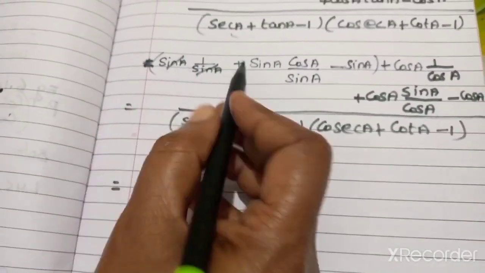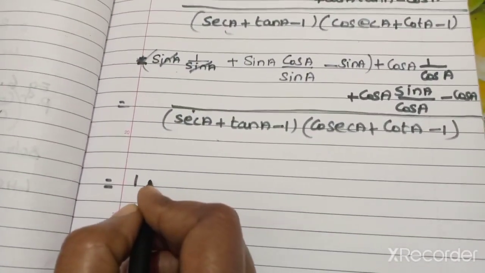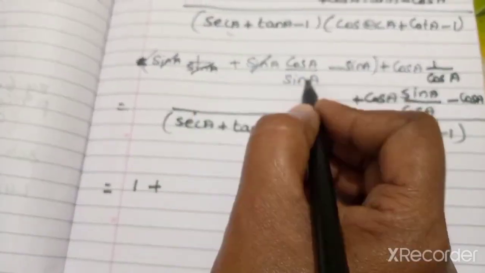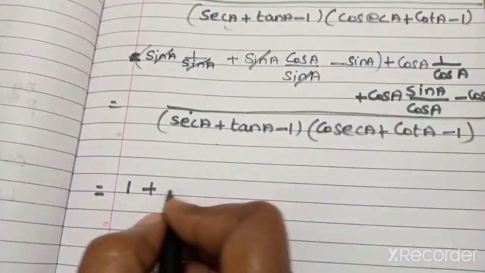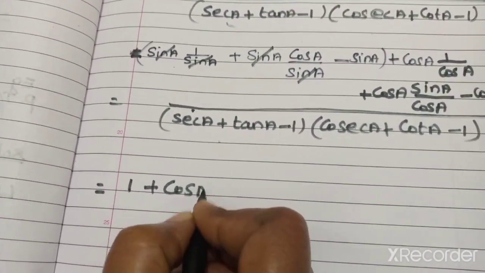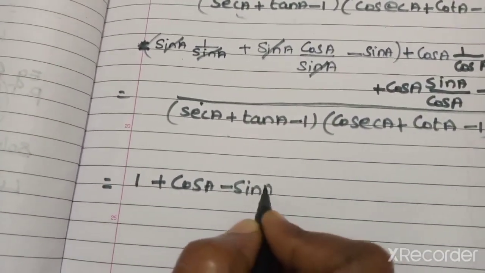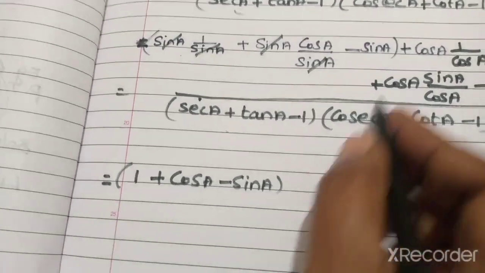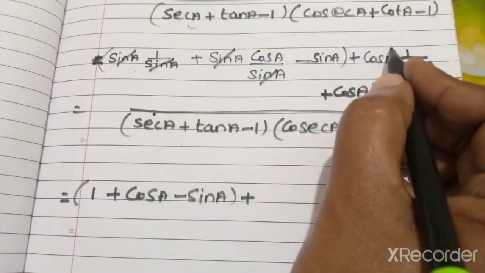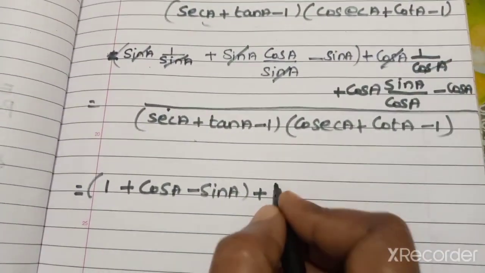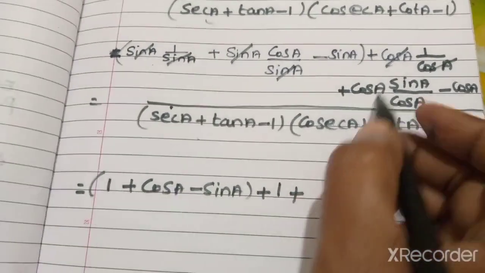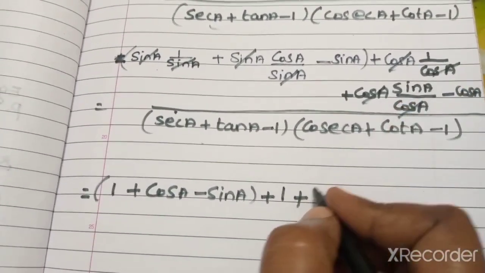Sin A, sin A. So 1 is there, 1 plus, here sin A can be cancelled, cos A is there, this term as it is, right, minus sin A, close the bracket, plus, here cos A can be cancelled, 1 plus cos A can be cancelled, sin A minus cos A.